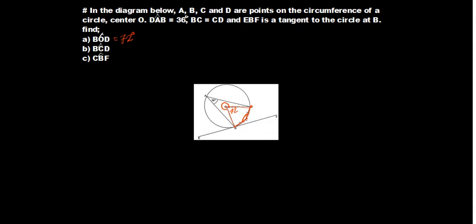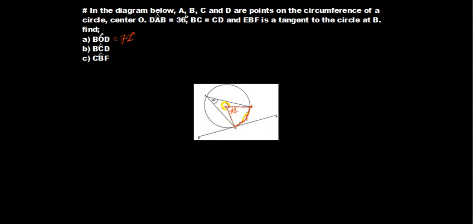So the angle that I've indicated in yellow is equal to angle BCD. So if we find the angle that is here, we'll be able to find the angle that is there. Okay, so how do we go about it now?